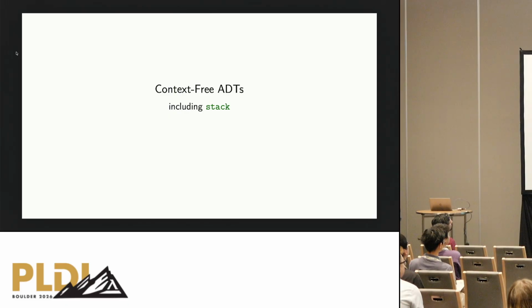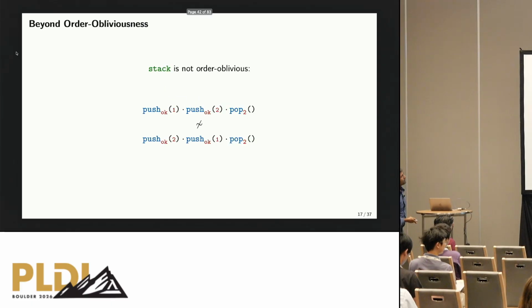So the next class of data structures is context-free data structures, and stack is one such data structure. If you have ever encountered static analysis papers that talk about CFL reachability, the idea is pretty much the same. If I look at a data structure like stack, it is definitely not an order oblivious data structure, which is the class that I talked about a little while ago.